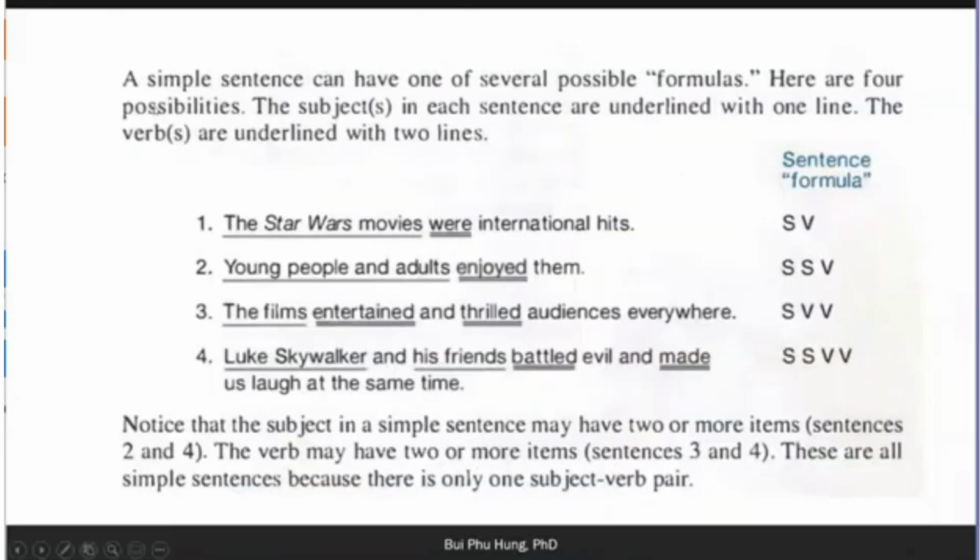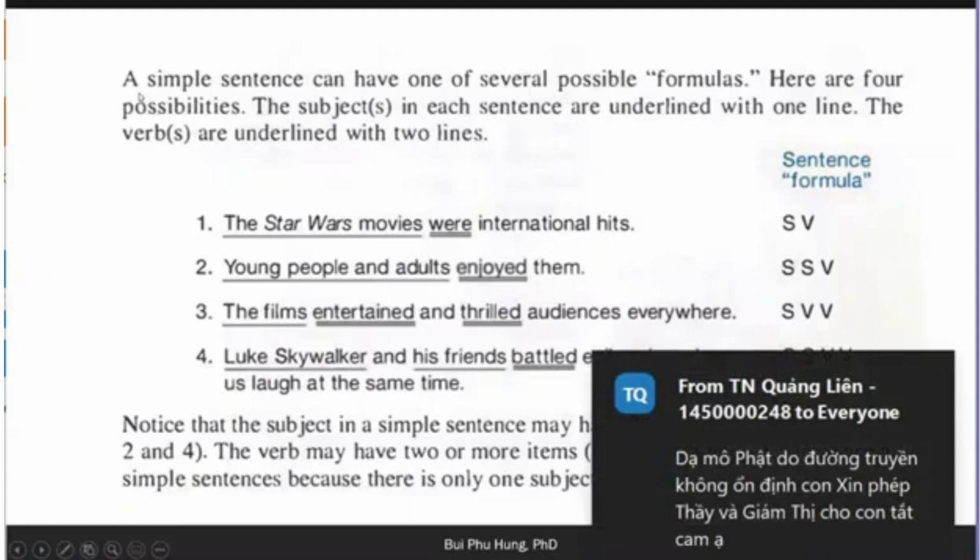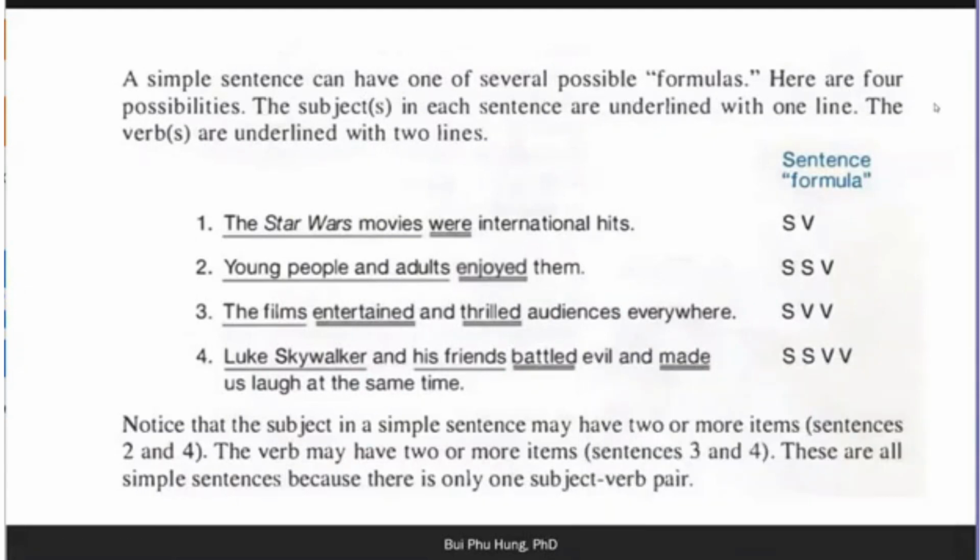Now, look at some other examples and several possible formulas. A simple sentence can have one of several possible formulas. Here are 4 possibilities. The subjects in each sentence are underlined once, and the verbs are underlined twice.